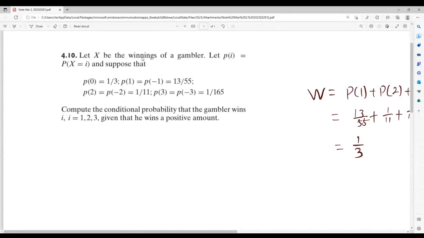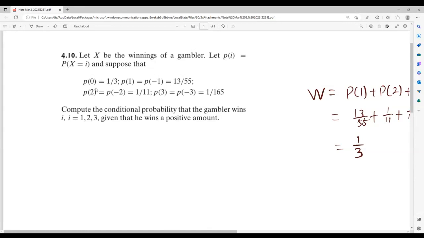Let X be the winning of a gambler. P of i equals the probability of X equal to i. And suppose that P of 0 equals 1/3. P of 1 equals P of -1 equals 13/55.